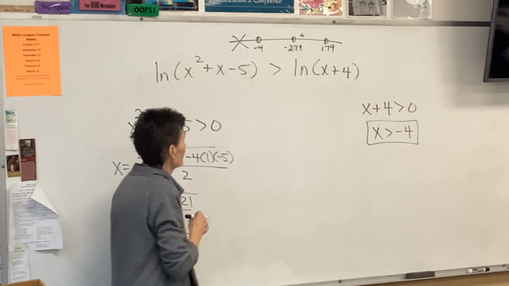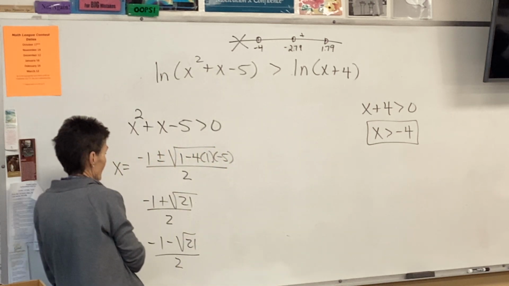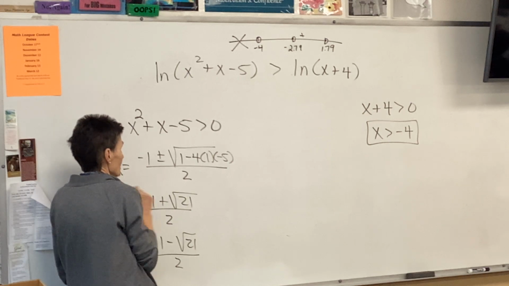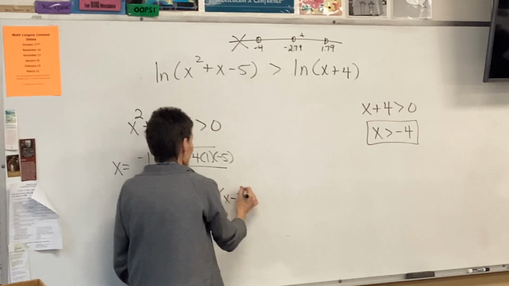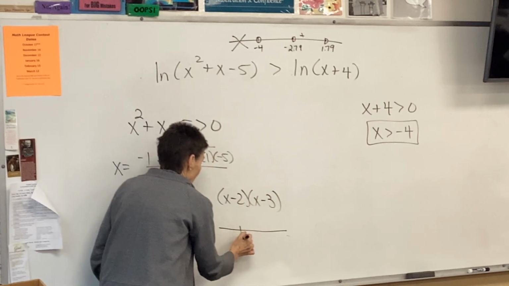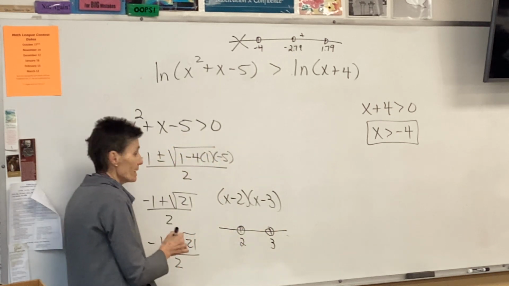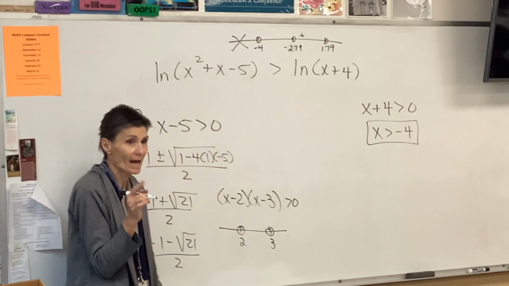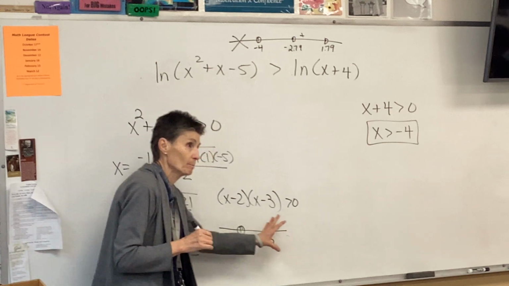Now, I want you to think about this for a second. If we had a nice little factorable quadratic, and we had roots at 2 and 3, if the product of those two has to be positive, where does that happen on the number line?